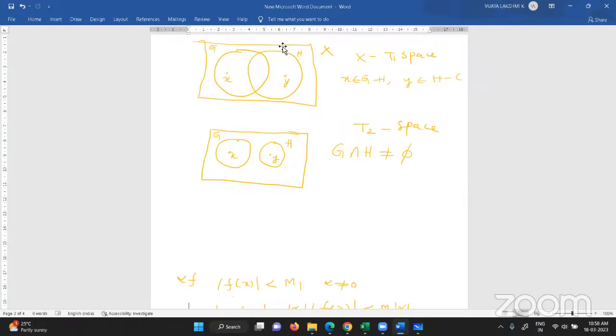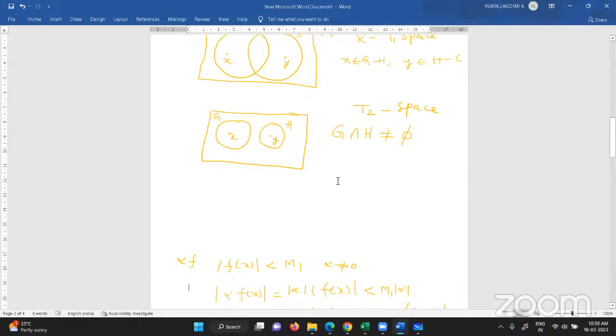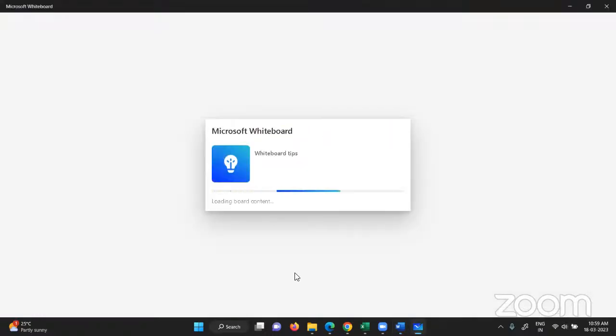In T2 space, two distinct points are separated by two disjoint sets. Now, let us discuss completely regular space, or first, let us discuss a regular space.